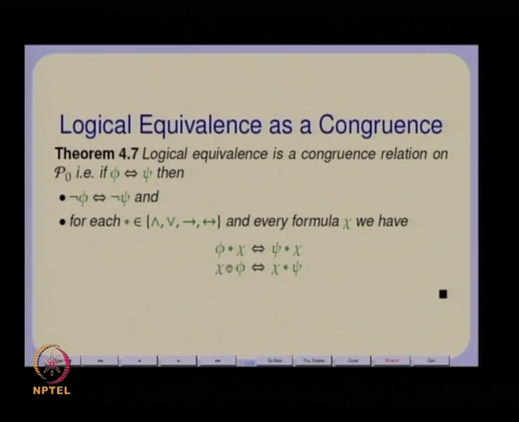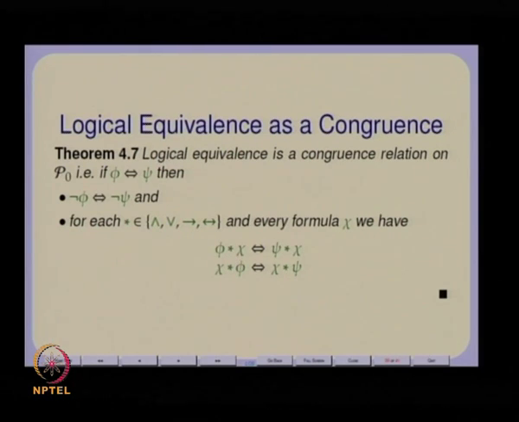So the standard algebraic method for proving the congruence of any relation is to actually look at it under various contexts, right? So all that we are saying is, here the framework is provided by some arbitrary formula chi, let us say.